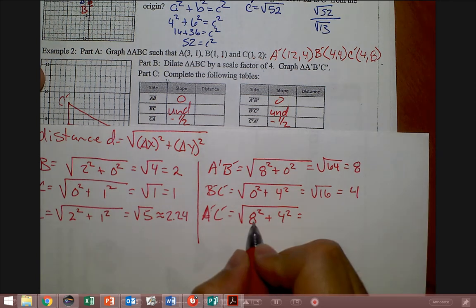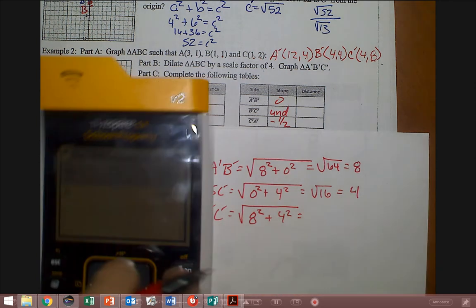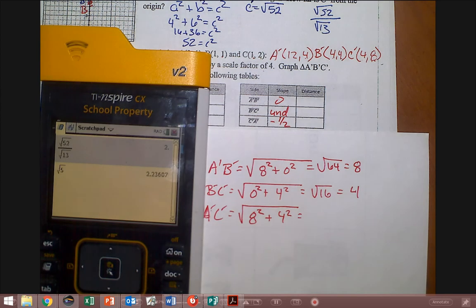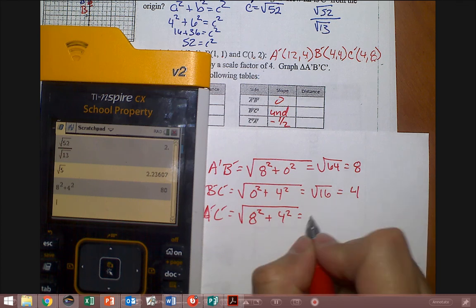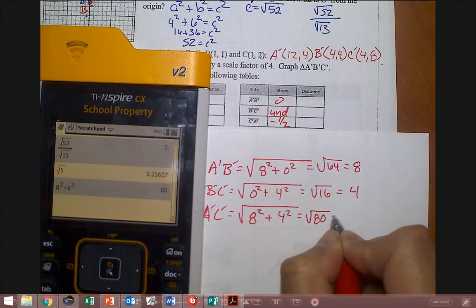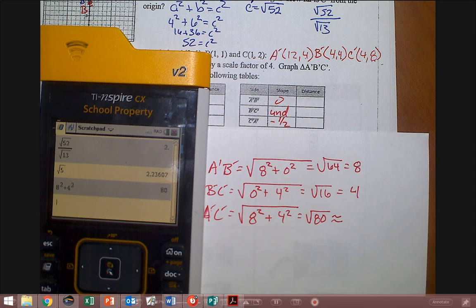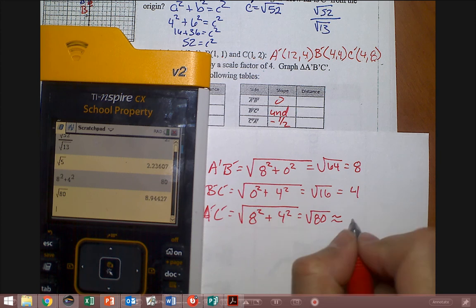So that's going to be 64 and 16. Let's see. So 8 squared plus 4 squared, square root of 80, which is going to give me approximately 8.94.